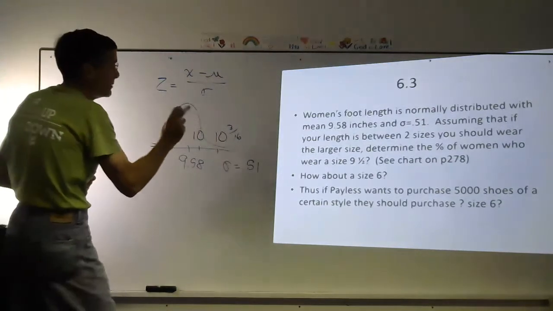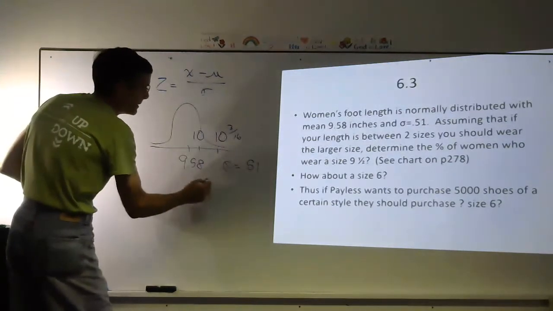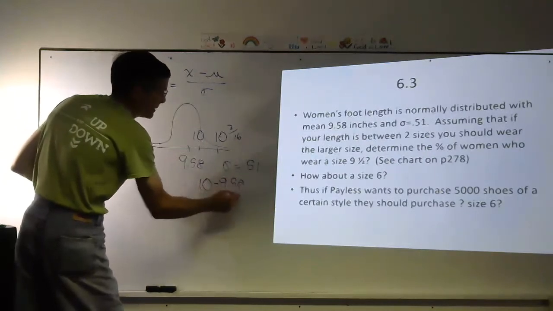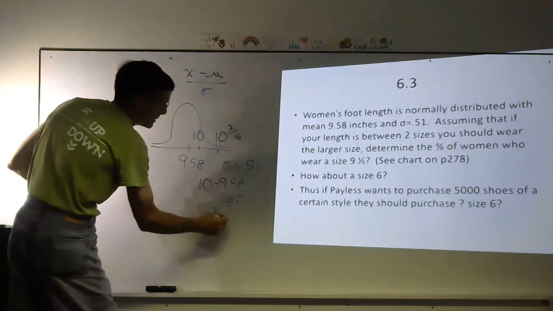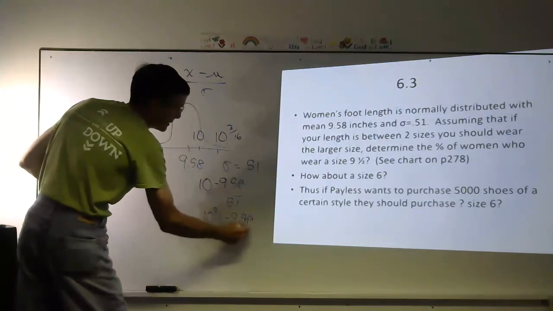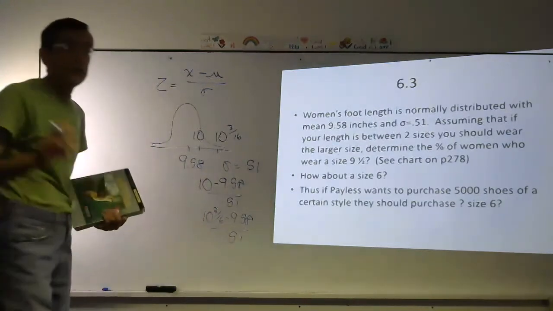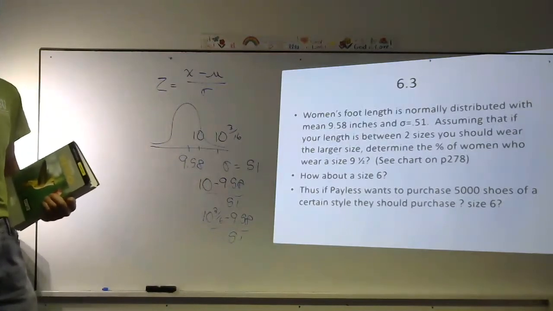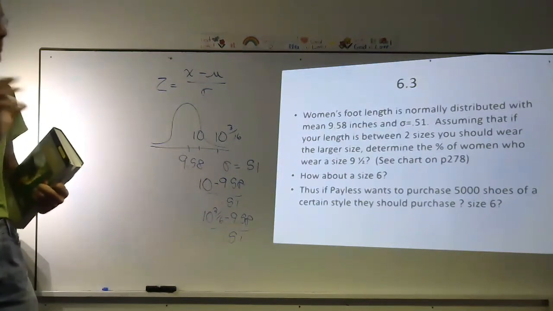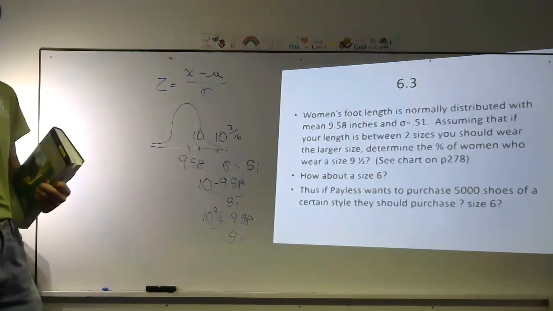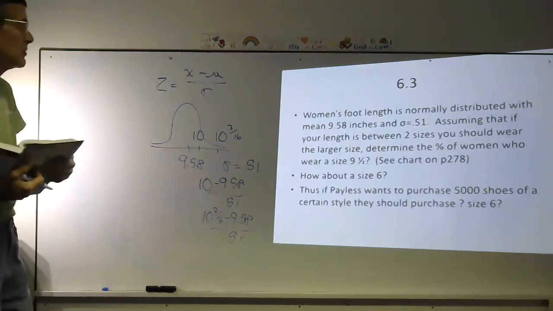You need to do 10 minus 9.58 all over 0.51, and 10 3/16 minus 9.58 all over 0.51. Get two z values, look them up, subtract the two areas, and you have the percentage.